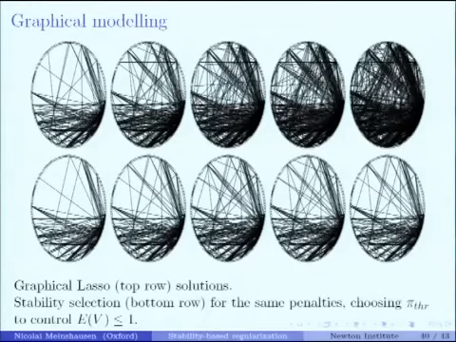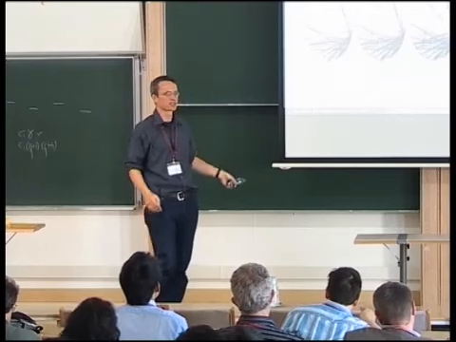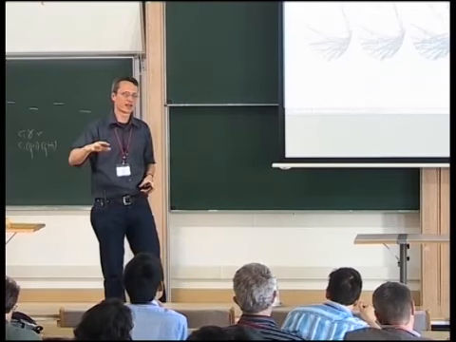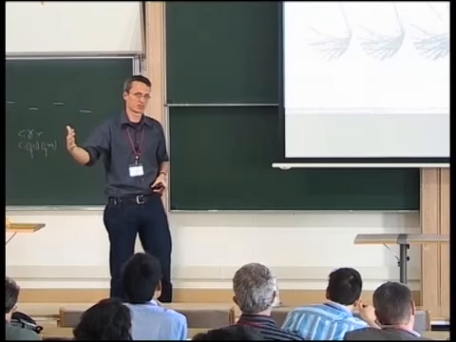So that is the path I showed you before. In the second row, it's the graph you get if you do the stability selection for each of the lambda values in the first row. And the cutoff is always chosen to have the number of false selections bounded by 1 under that exchangeability condition.